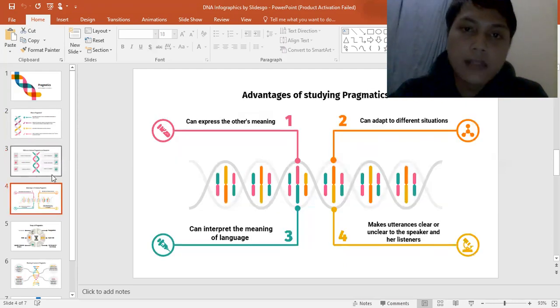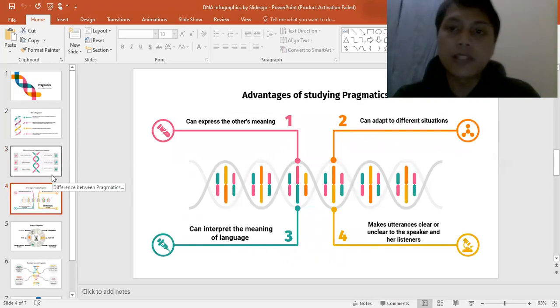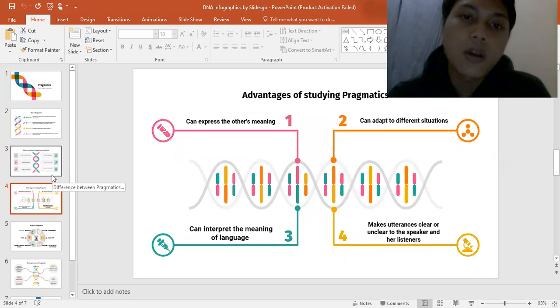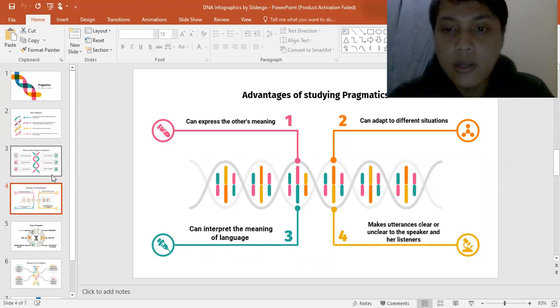Next, the advantages of studying pragmatics. In pragmatics, we can express other meanings and can adapt to different situations. Number three, we can interpret the meaning of language. Number four, it makes utterances clear or unclear to the speaker and the listener.